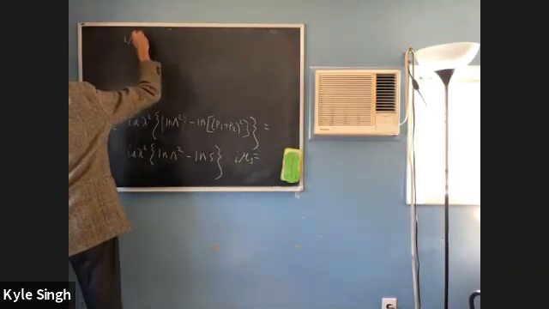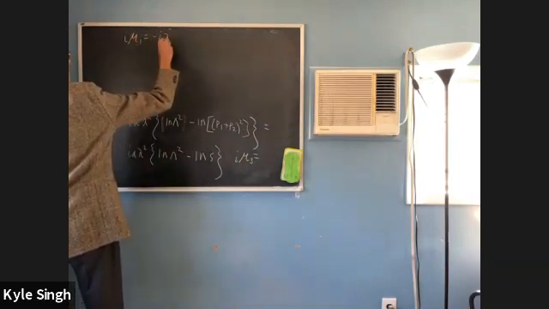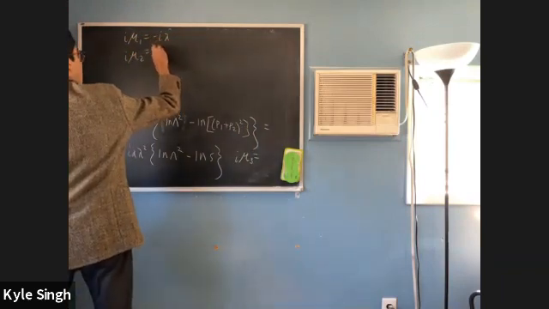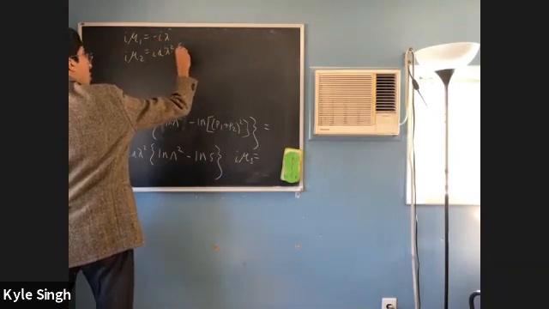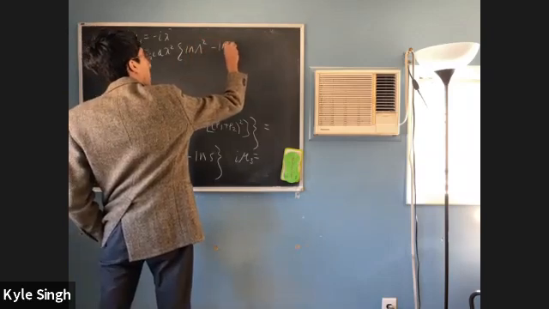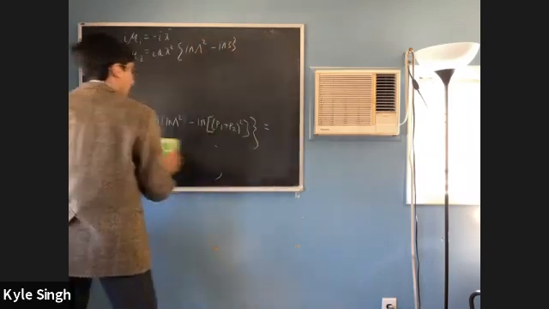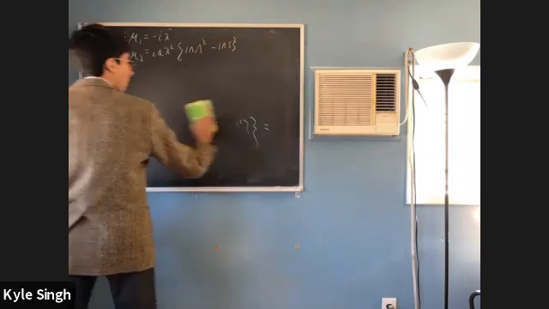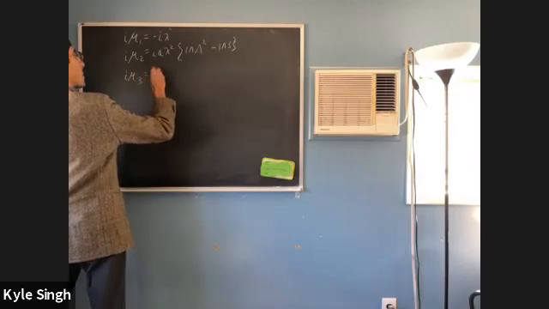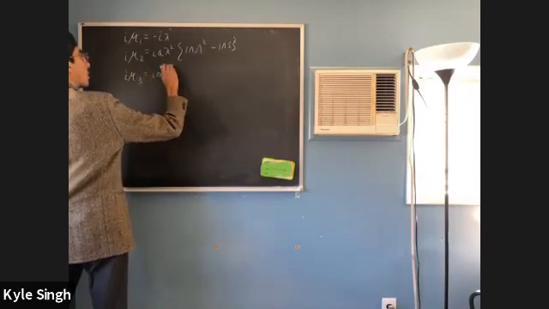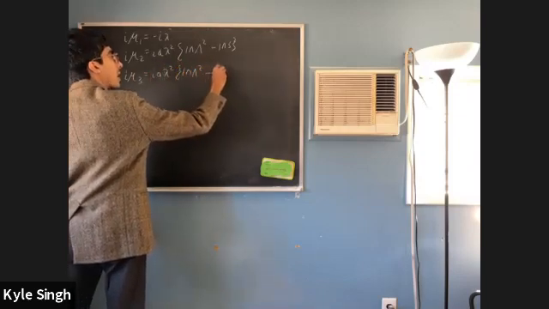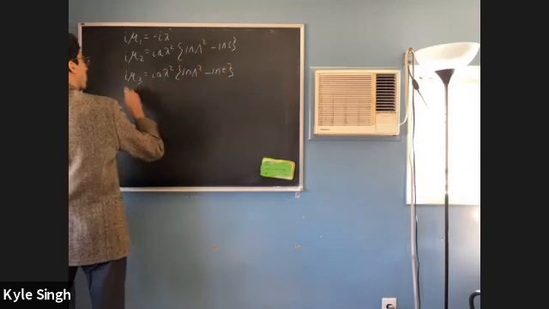So iM1 is minus i lambda. iM2 was iA lambda squared, ln capital Lambda squared minus ln s. iM3 was iA lambda squared, ln capital Lambda squared minus ln t.